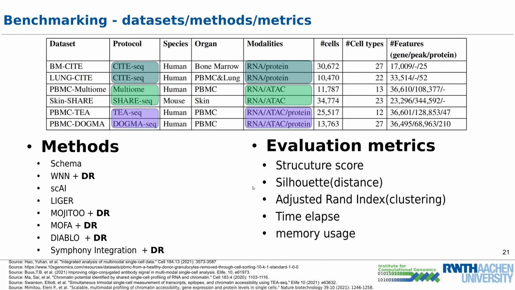And here, time elapsed and memory usage are also compared. For the sake of time saving, I will only go into detail of the structure score, time elapsed, and memory usage.